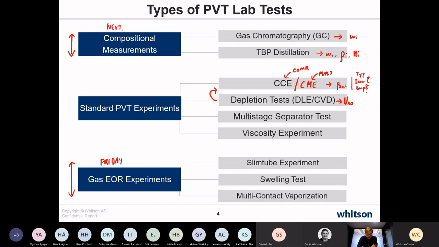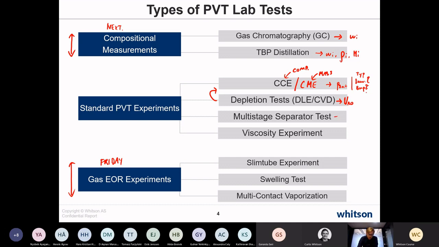You also get that data there, very important for tuning. And I think worth mentioning, between CCE and the depletion test, is that the depletion test also has a compositional change going on in the cell, which is also good for tuning purposes, which is not the case for CCE as it's constant composition.